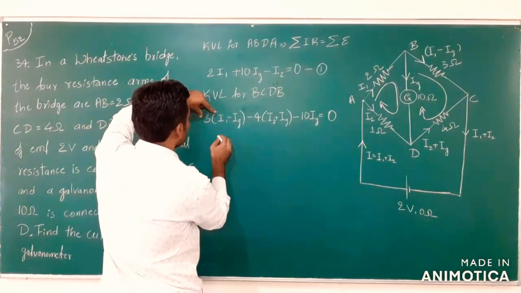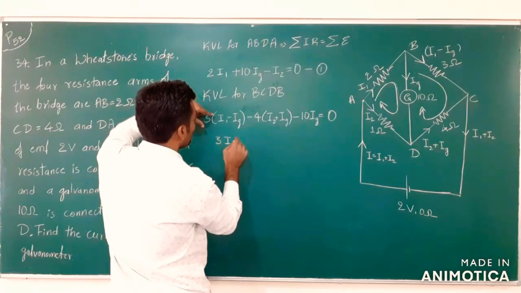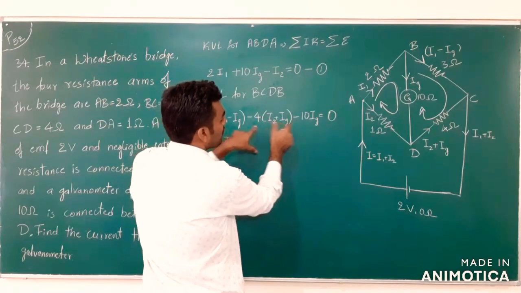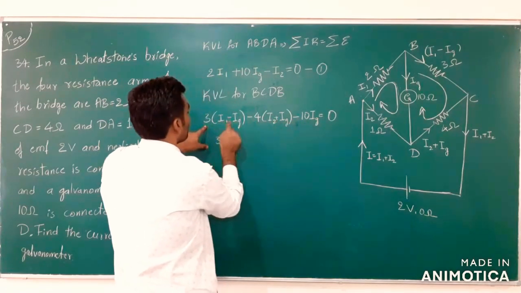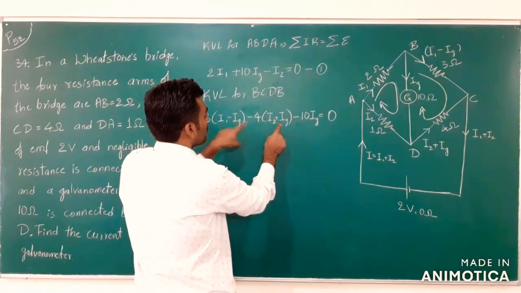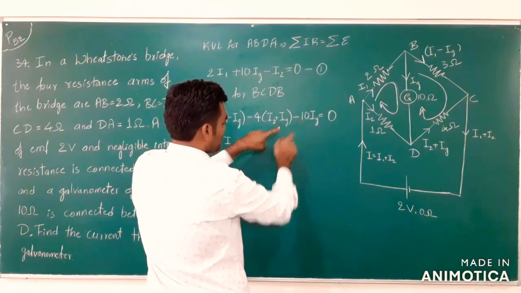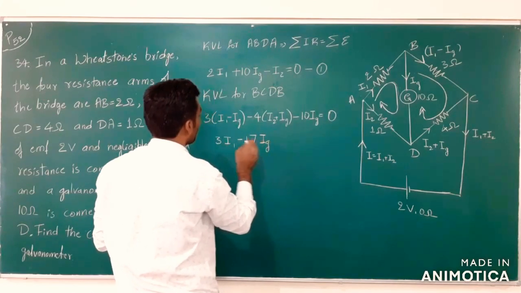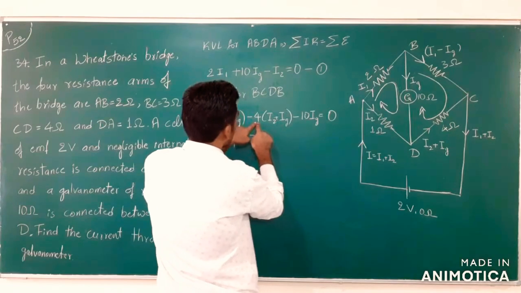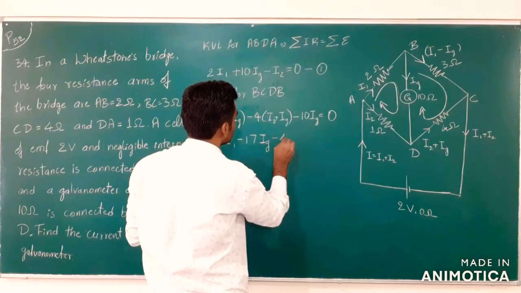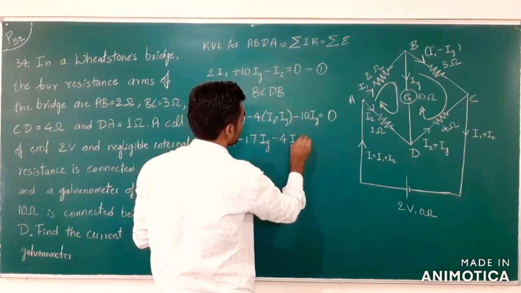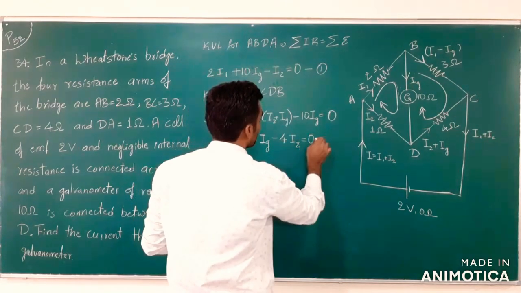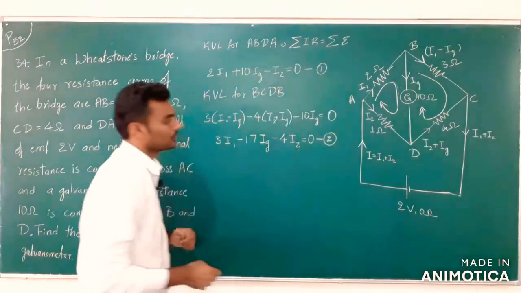This is 3I1, okay, minus 3Ig minus 4Ig minus 10Ig, okay, minus 3 minus 4 minus 7 minus 10 minus 17 Ig, okay, and then you have minus 4I2 is equal to 0. Let me name this as equation 2.